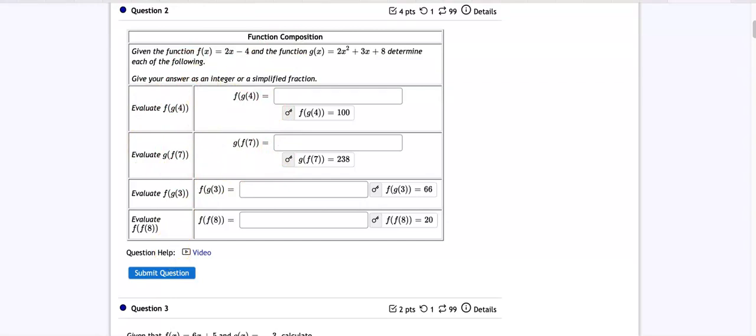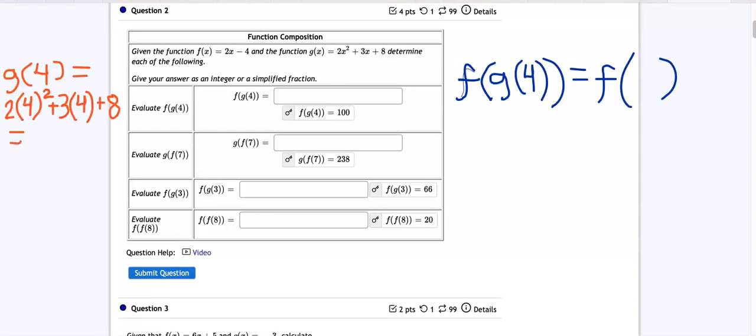Okay, so first we are going to find f of g of 4. To evaluate f of g of 4, we need to find out what g of 4 is equal to. So we take 4 and we plug it into the g function, as shown over here. And then this is 32 plus 12 plus 8, which is a total of 52. So then we replace g of 4 with 52.